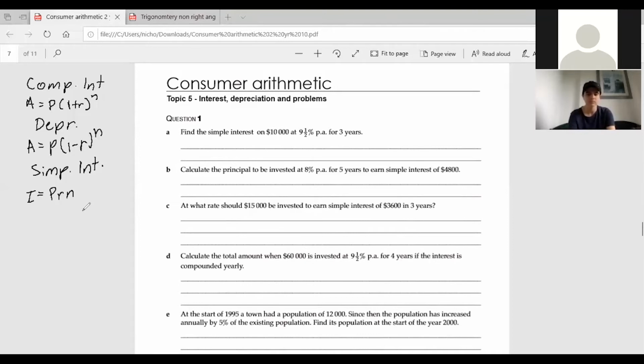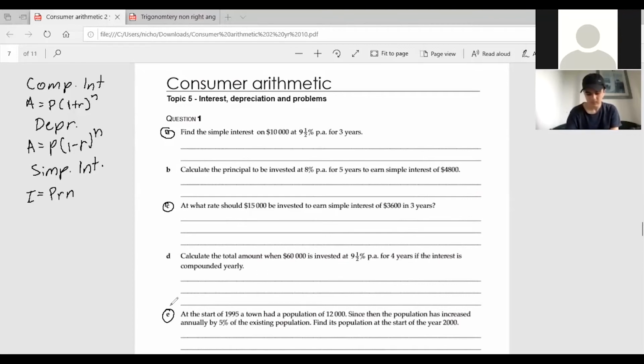Okay, so in that case, using these three formulas, can I get you to do A, C, and E? Tell me what you get. So for the first one, I got 2,850.